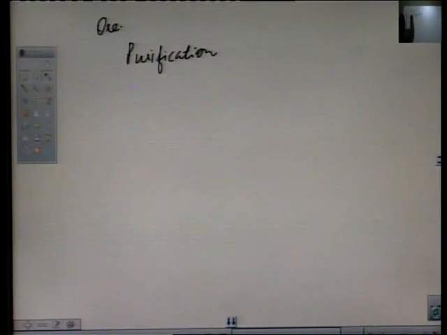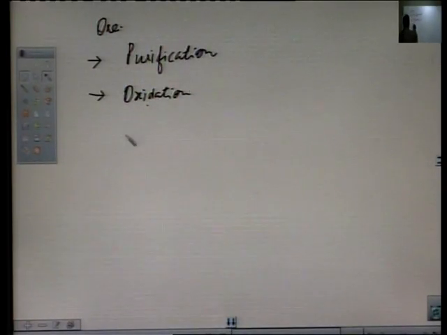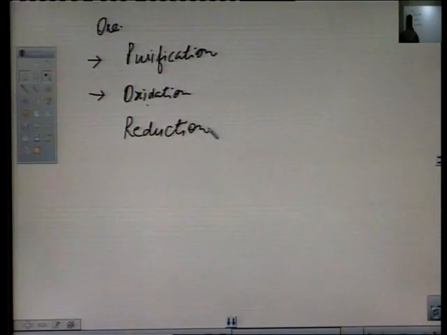So, the first step is purification, another is oxidation, then reduction, and the last step is refining.